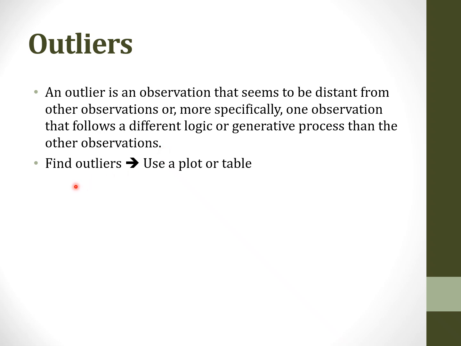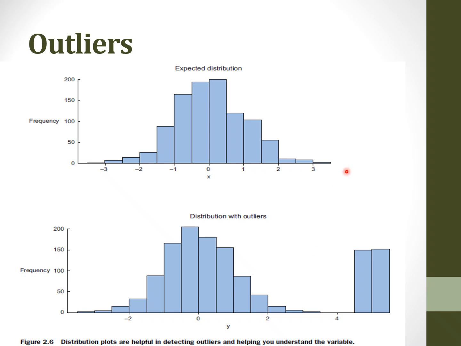So how can we find the outliers? We can find the outliers if we can visually represent the data. If we represent the data using any plot or table, then we can identify the presence of outliers. The first example is shown here. This is the expected distribution of the data. It follows some pattern like this.